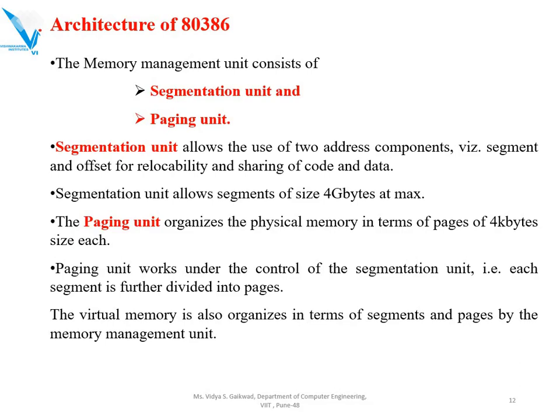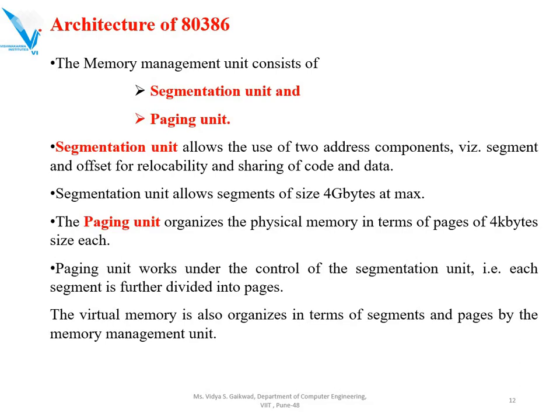So this segmentation unit allows segment of size 4 GB at a max. So every segment present in this 386 is of 4 gigabytes, while every segment in 8086 is of 64 KB, right? Then the paging unit organizes the physical memory in terms of pages. The page size will be 4 kilobytes each.